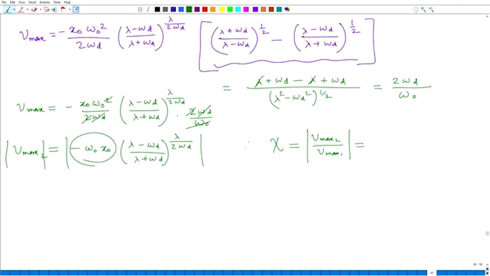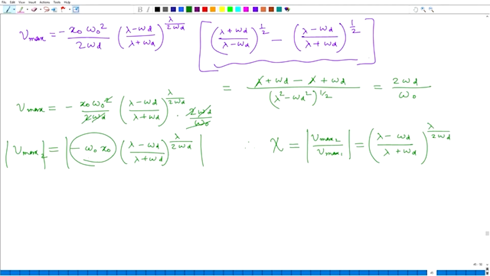So, it will be simply (lambda minus omega d) by (lambda plus omega d) whole to the lambda by 2 omega d, okay.